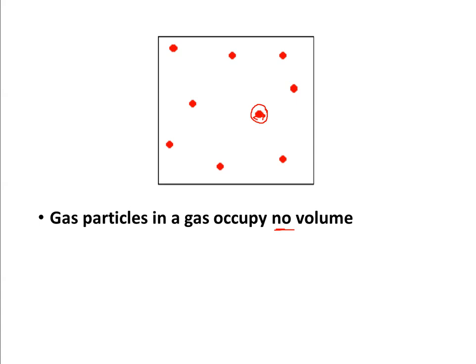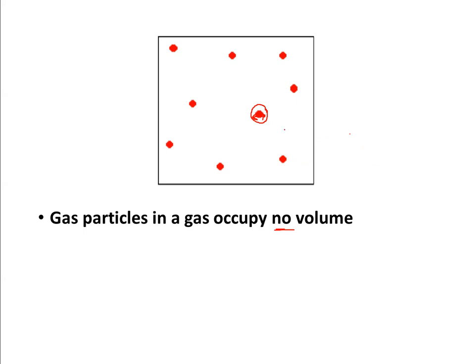And we know that's not true. We're just going to pretend it's true to make our lives easier. We know the particles do have some amount of space. If that's a tiny particle right there, it does have a diameter to it. Even if it is an atom of helium, it's going to be very, very small. It's not going to take up very much space individually, but we're going to assume it takes up no space.